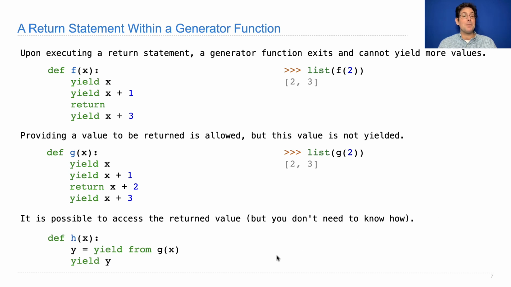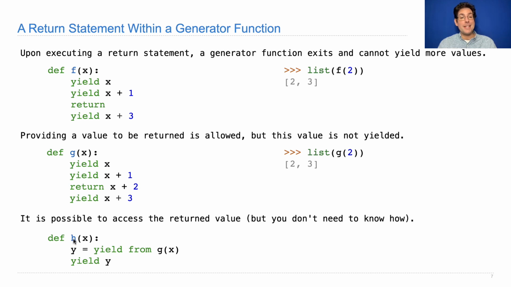It is possible to yield from g of x, which would yield 2 and 3 if x were 2, and then capture the returned value using this very strange looking syntax y equals yield from g of x. And then if you really wanted to, you could yield that.